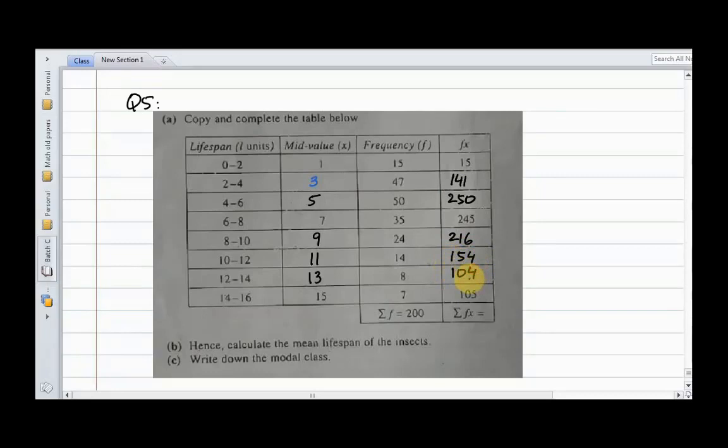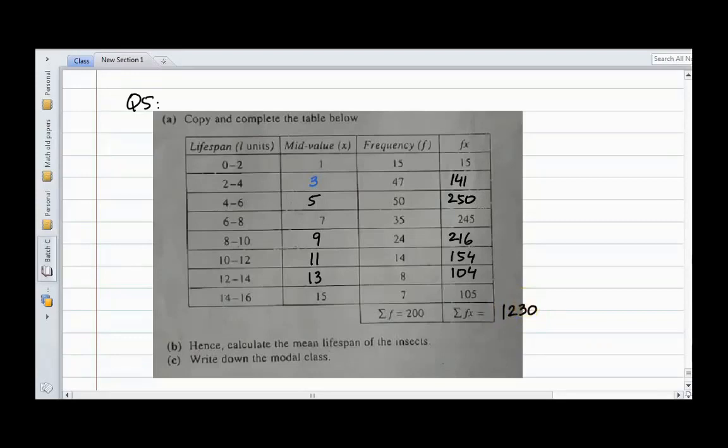We need to add all the values. So start with 15 plus 141 plus 250 plus 245 plus 216 plus 154 plus 104 plus 105. So that is a sum of 1230. That is the summation of fx, right?